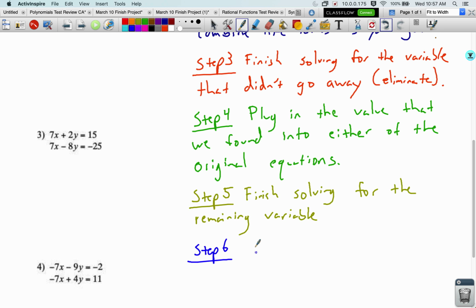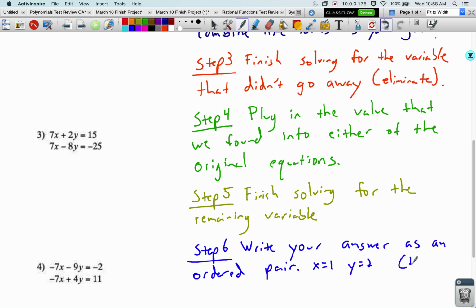Step 6, write your answer as an ordered pair. So if I got that x equals 1 and y equals 2, I would write that as 1, 2. And then that's what I'm going to box as my final answer.